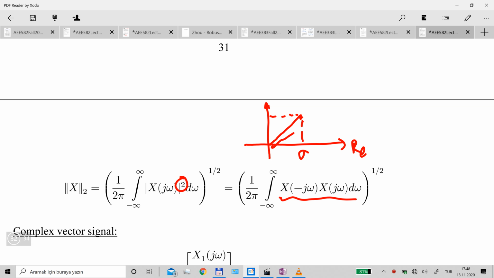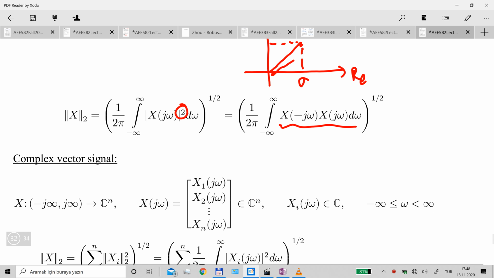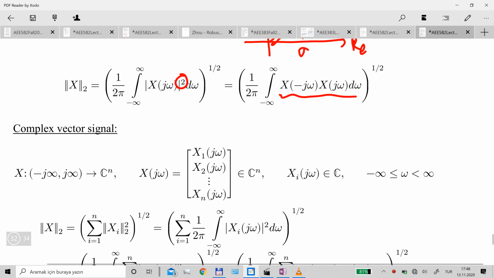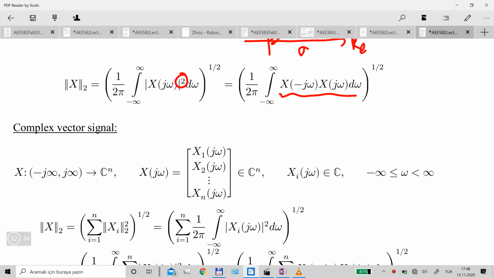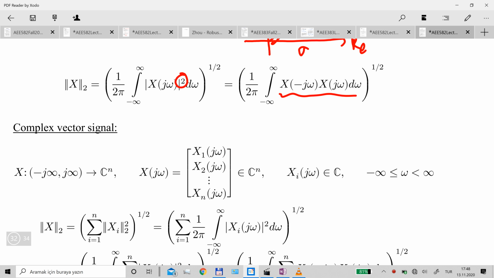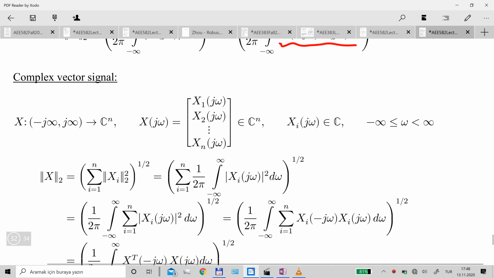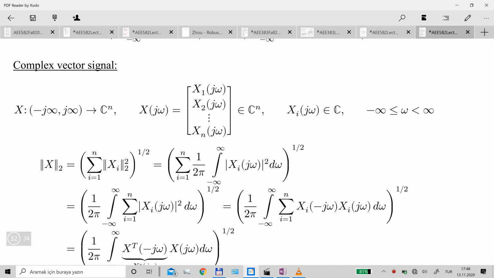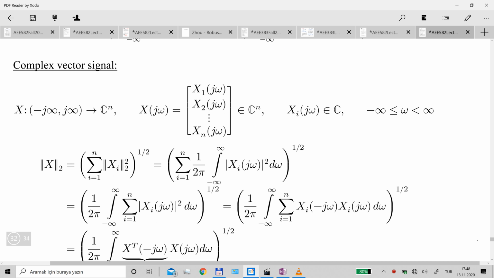If you have a complex vector signal, this is similar to how we handled real vector signals. Your complex vector signal is a vector where every element is a complex signal, and you calculate the two norm of that in exactly the same way as for real vector signals. You calculate the norms of the individual elements, take the squares of them, add them up, and take the square root.